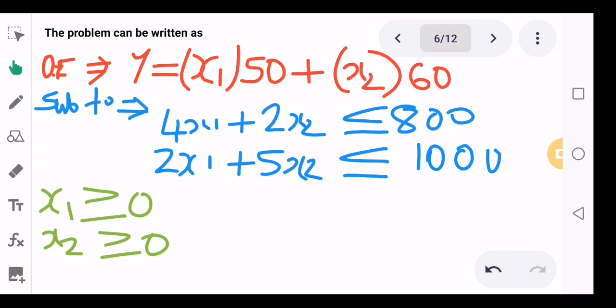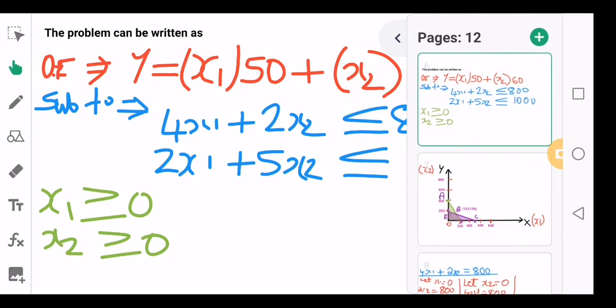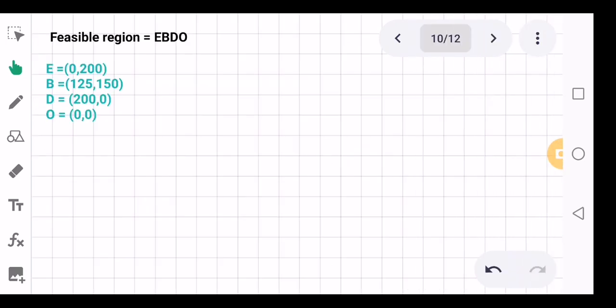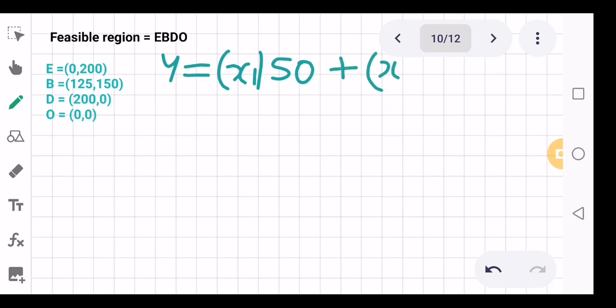So let me write down the equation: Y is equal to x1 into 50 plus x2 into 60.